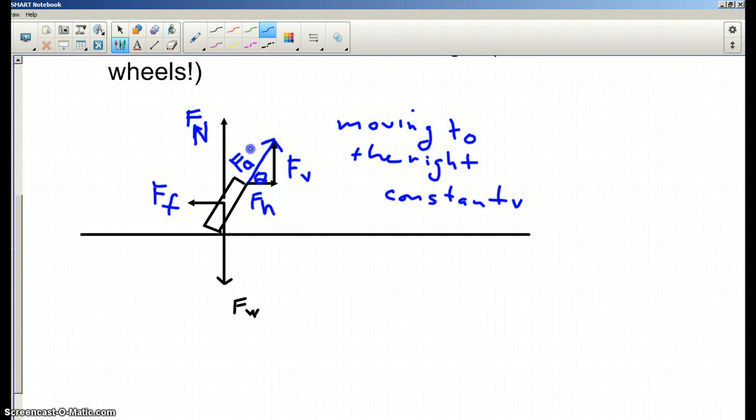It actually lifts the suitcase a little bit off the ground as it drags it along to the right. So therefore the normal force will actually be slightly less than it would be if the object were stationary. So I'm going to decrease the size of this vector accordingly.